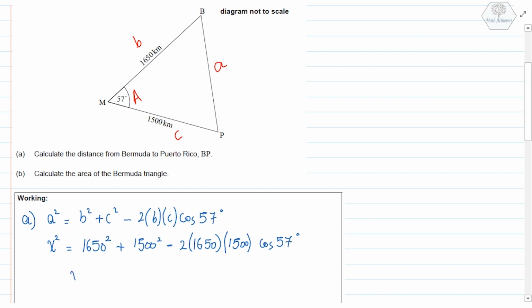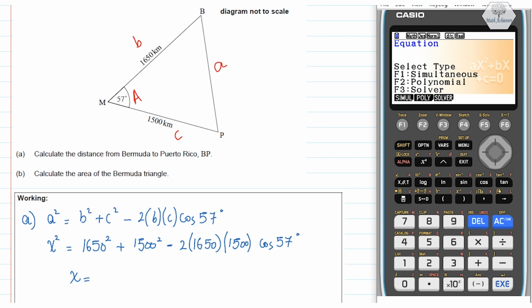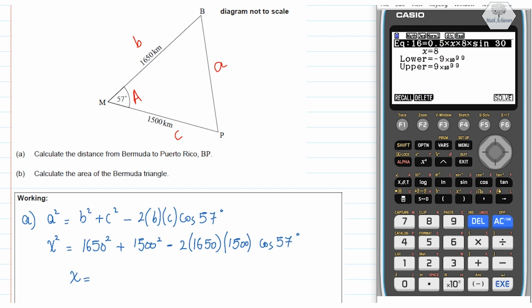Now simply I can use the solver in order to find the value of x. In this case, I go to my graphical display calculator, menu, equation, and I go to F3, which is the solver, delete all, and I have 1650 squared plus 1500. I have to add the x squared first.